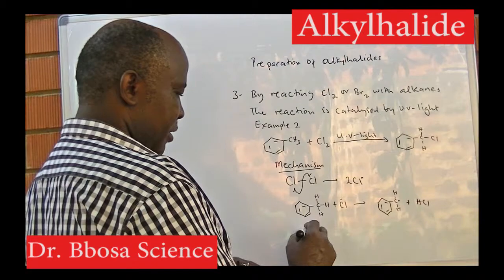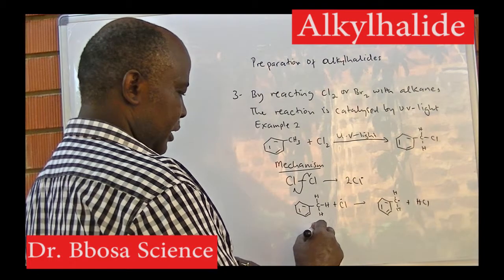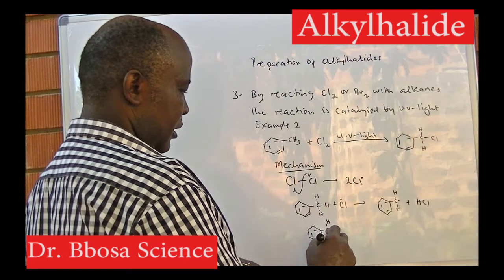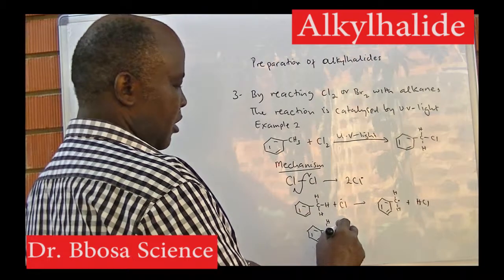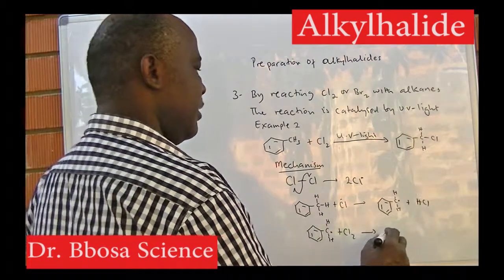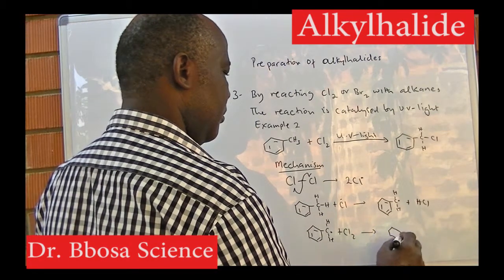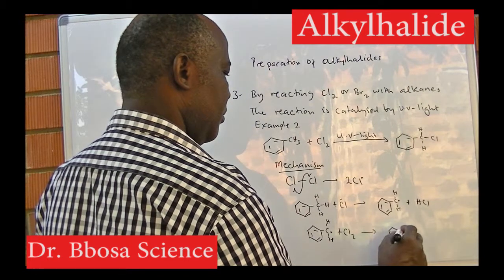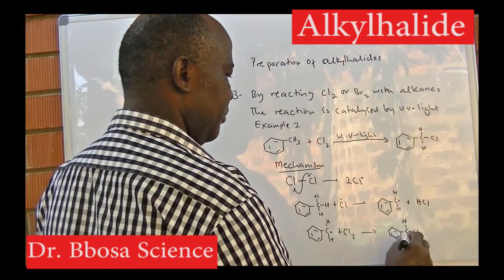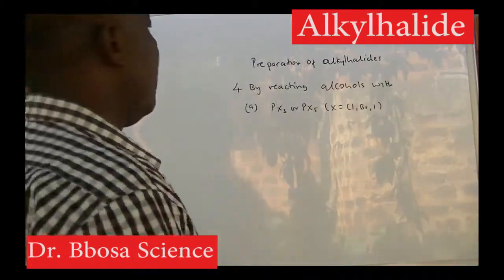Then the radical plus a chlorine molecule will give chlorophenylmethane.